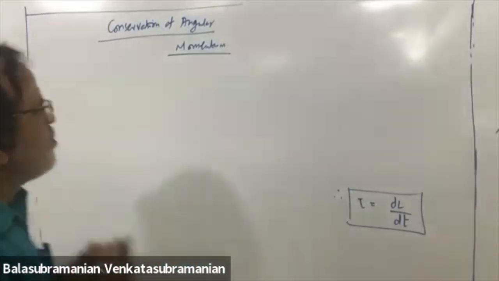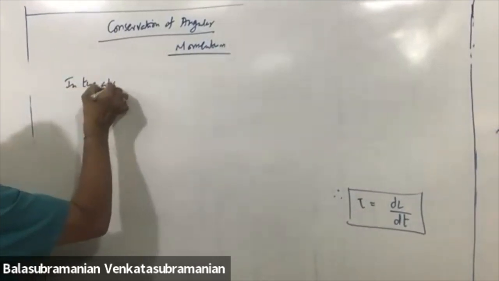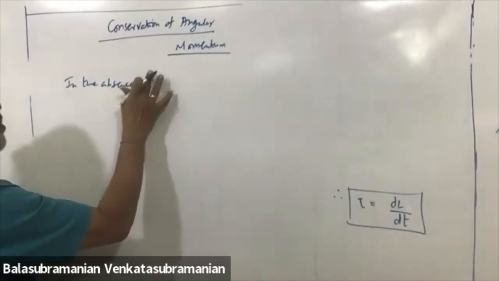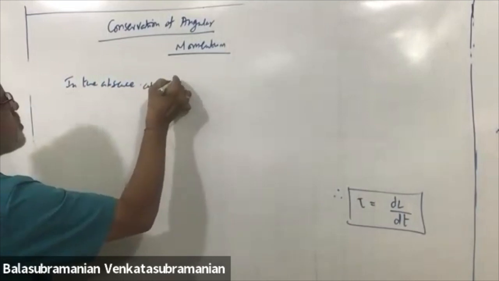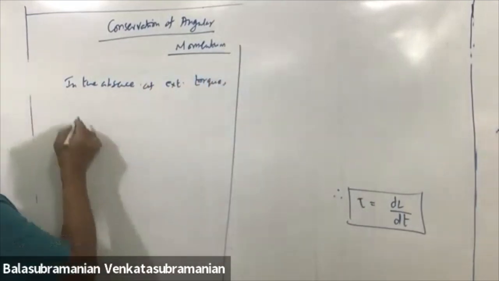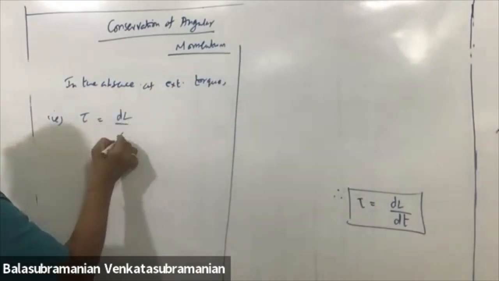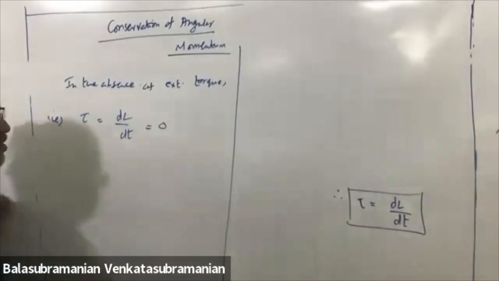What is the meaning? In the absence of external torque, that is tau is equal to dL by dt is equal to 0.